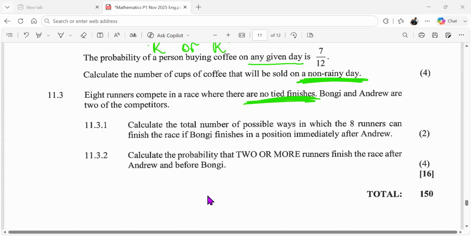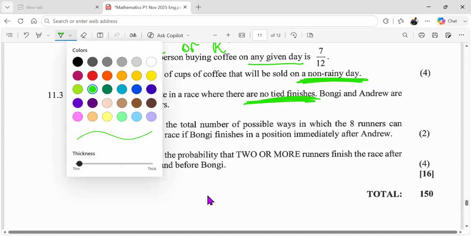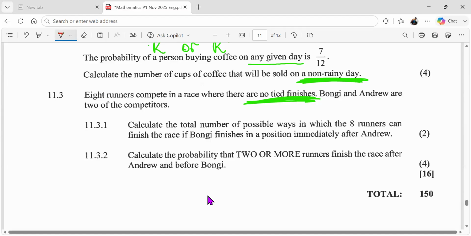Lastly, they say to us, calculate the probability that 2 or more runners finish the race after Andrew and before Bongi. That's what they say. Can you see that this restriction was only imposed in the first question?